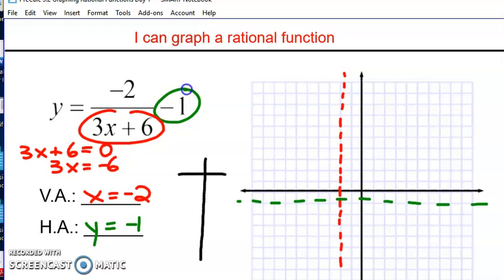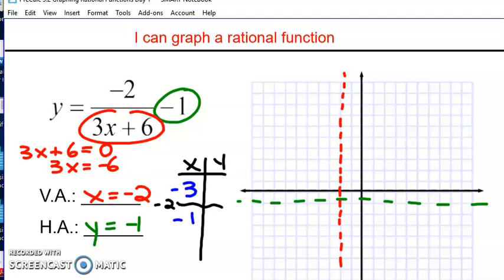This is always relative to the vertical. So if this is negative 2, I'm going to put a little negative 2 there to remind myself I need to go 1 down from negative 2. What we're doing is 1 to the left of that negative 2 asymptote, 1 to the right. So 1 at negative 3, 1 at negative 1. I'm going to erase the x's because those are not points. That's just helping us know what to plug in.